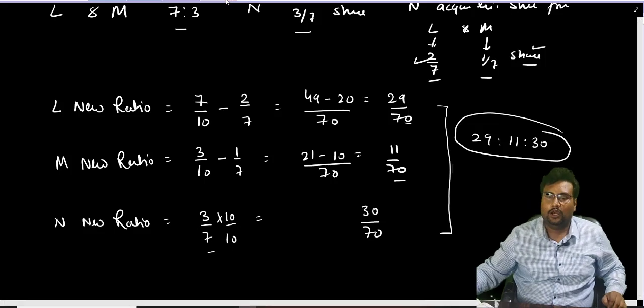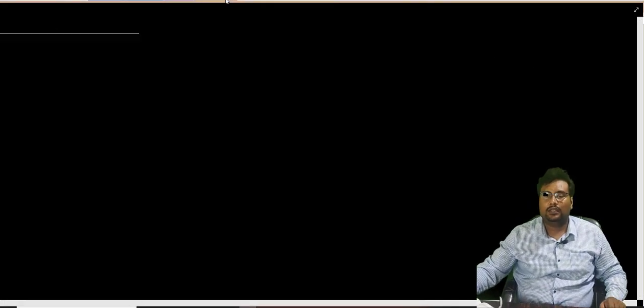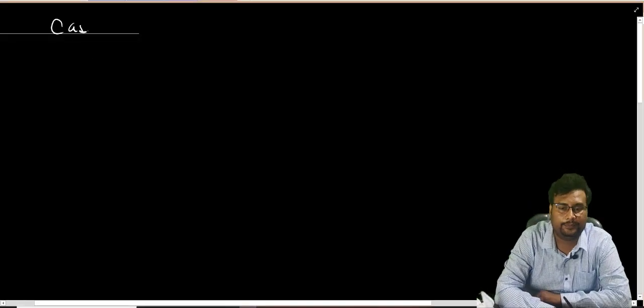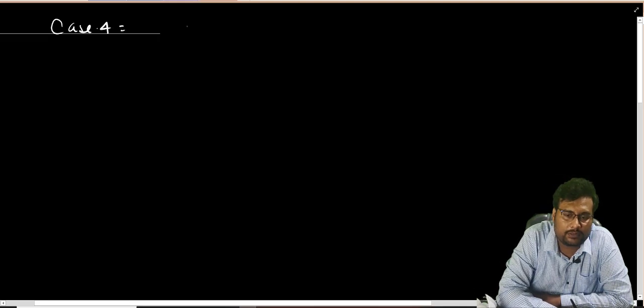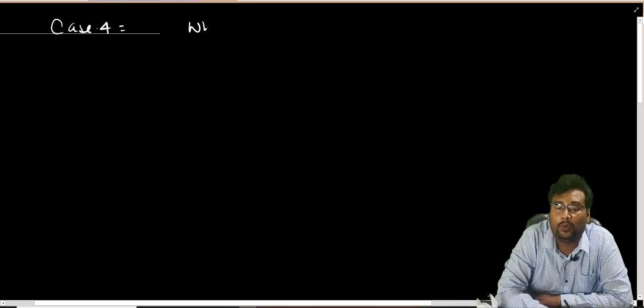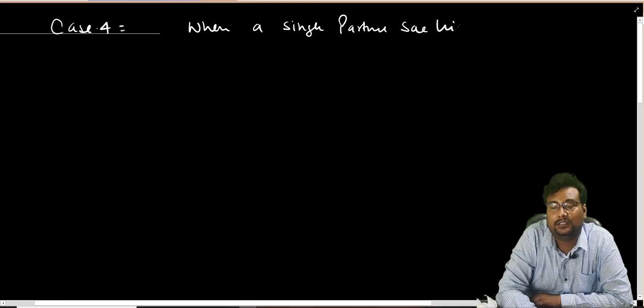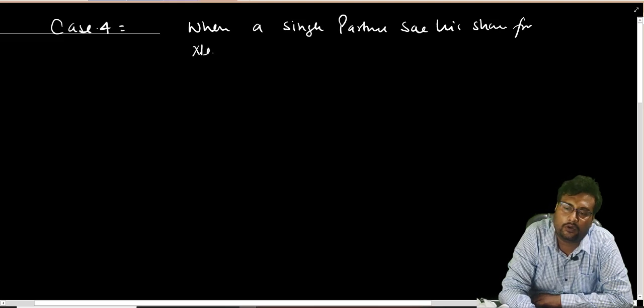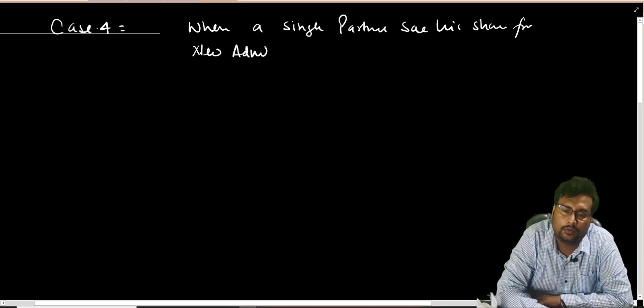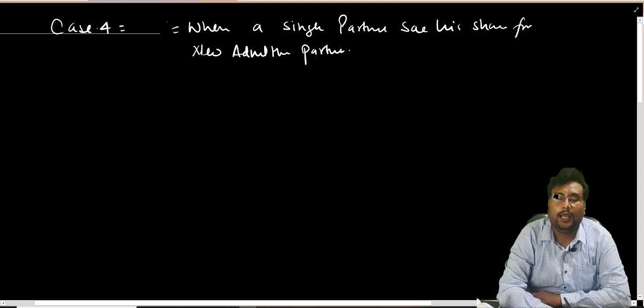Now just proceed to case number 4. Case number 4 is all about when a single partner sacrifices his share for the newly admitted partner. Now see, what is this particular case?